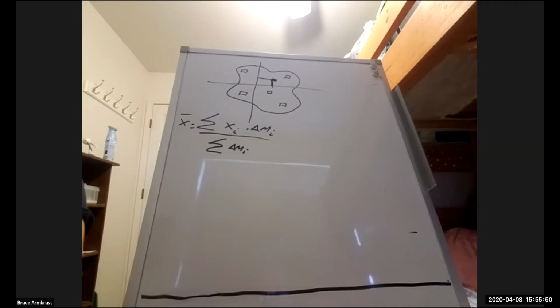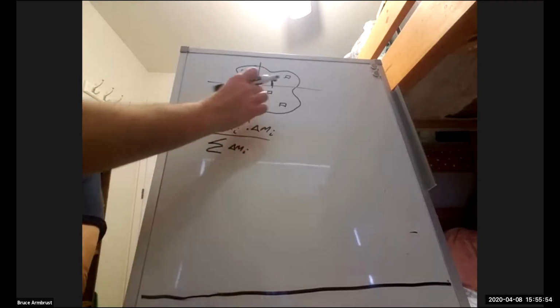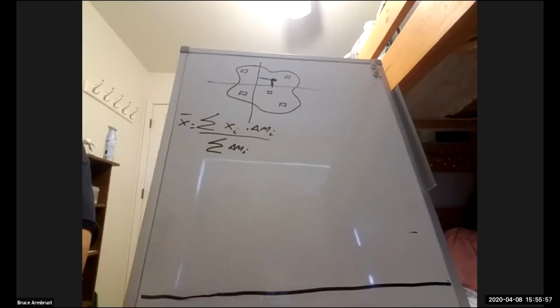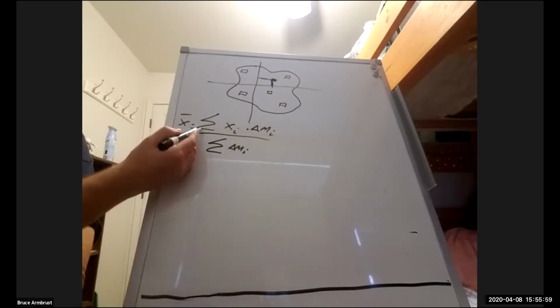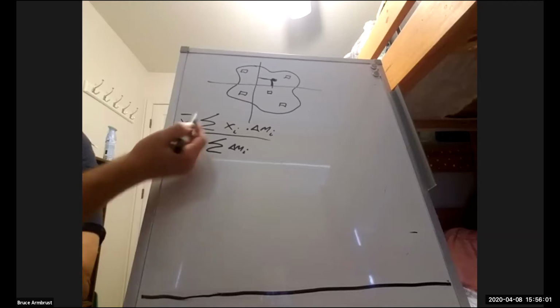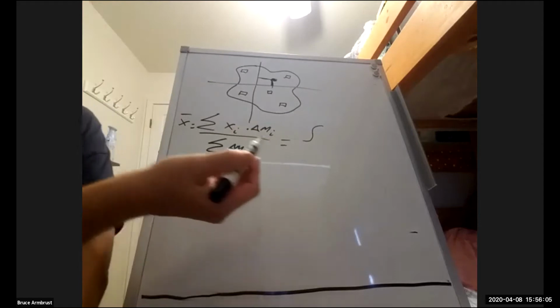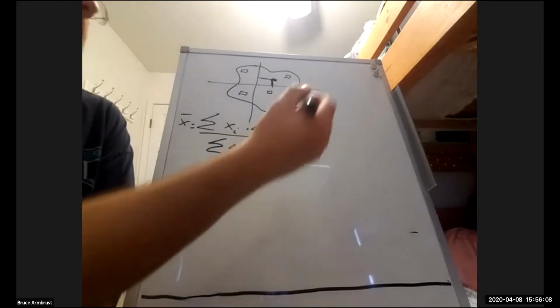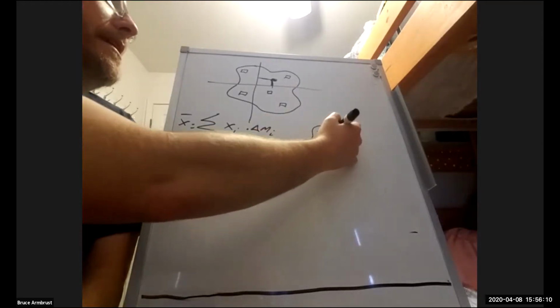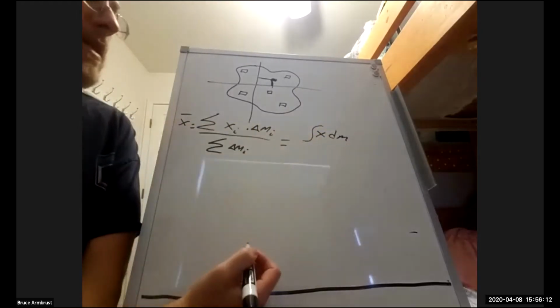Well, obviously to make that better, we shrink these things down. We make them infinitesimally small, which means the sum has an infinite number of them. And the next thing you know, this turns into an integral, right? So we're going to integrate x dm.